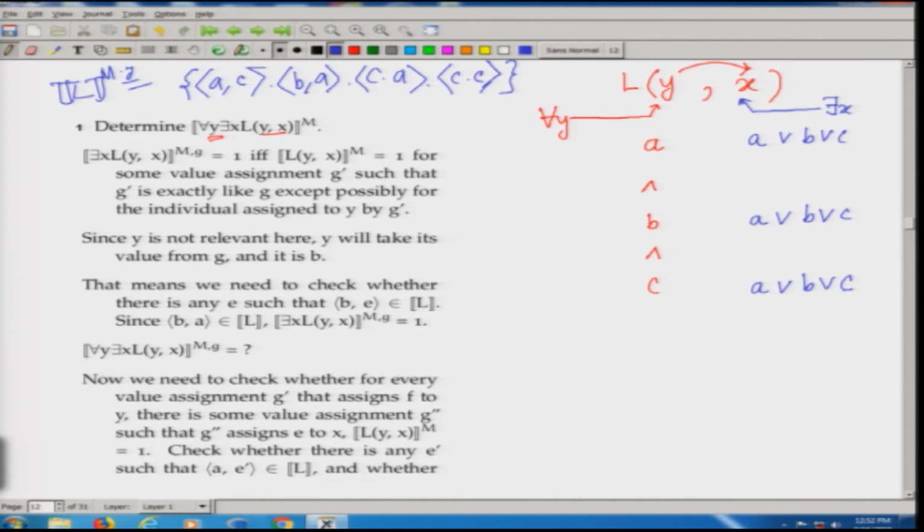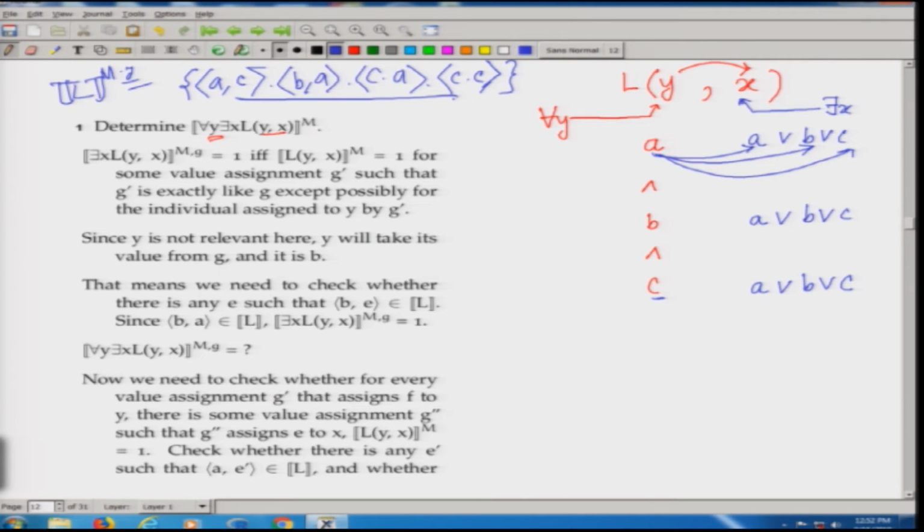We need to check whether there is any combination of A and A, or A or B or A or C, whether any such pair whose first member is A is part of L, and we have to check whether any pair whose first member is B is part of L, and similarly any pair whose first member is C is part of L.